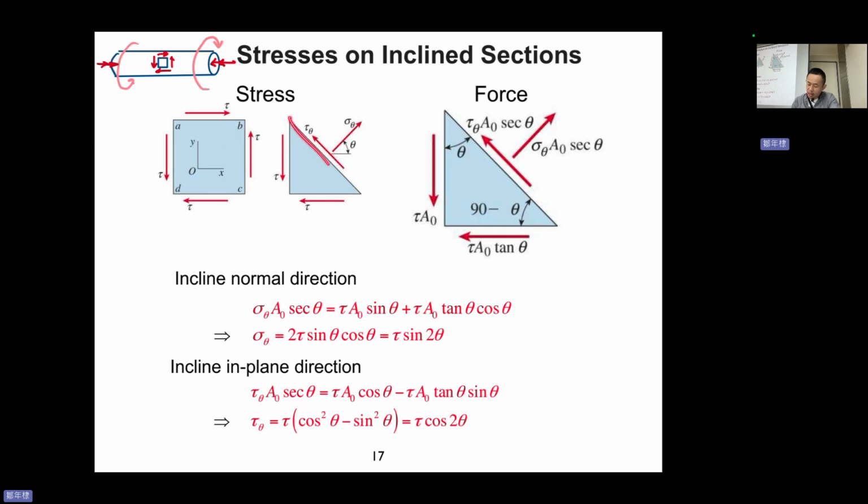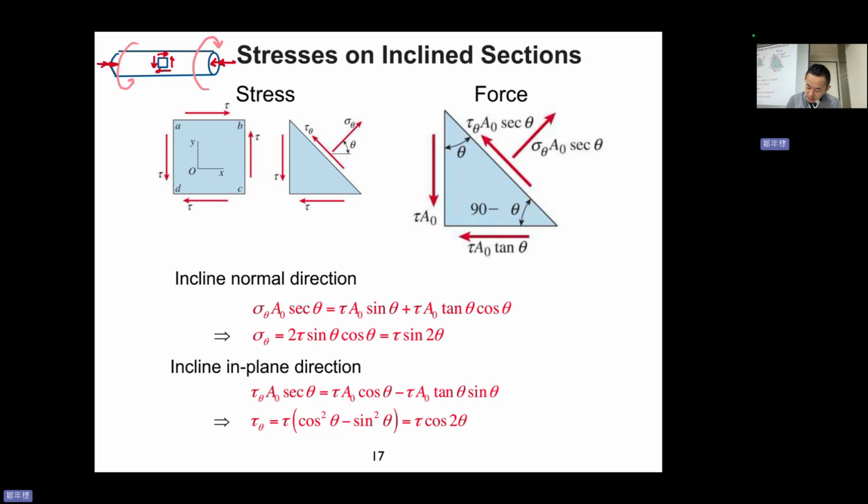The inclined section has its own x1 and y1, right? And this x1 has the theta to the horizontal, rotated about theta. So again, we do shear stress times area, and then do the force equilibrium, and then we can obtain what we are going to get.